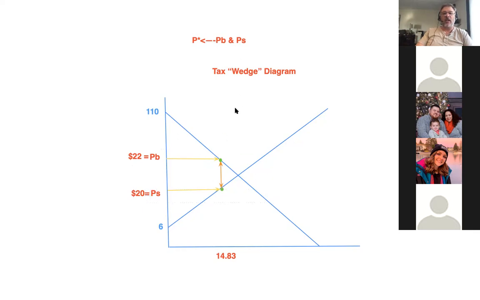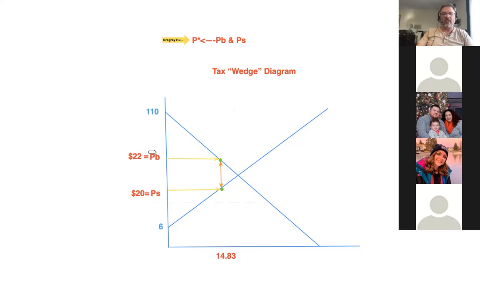So in the normal situation, meaning when there is no tax in an unregulated market, then P star is just one price. It's a price that a buyer pays and a seller receives. Whatever goes from the buyer goes directly to the seller, and that's it.